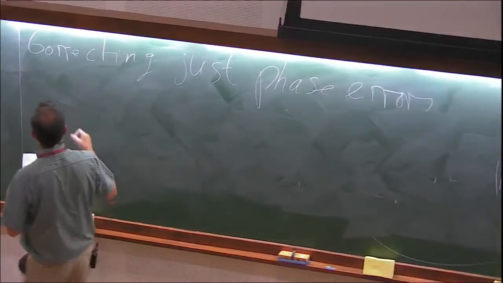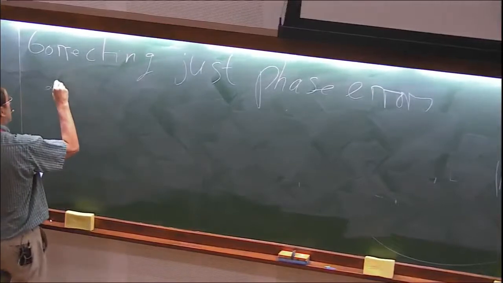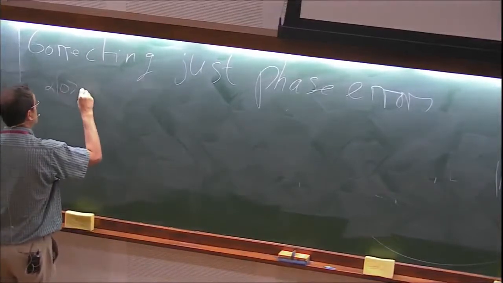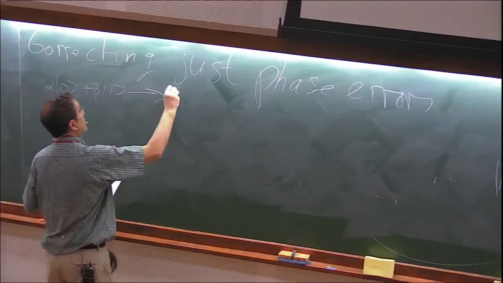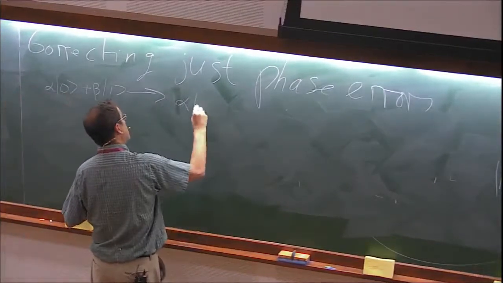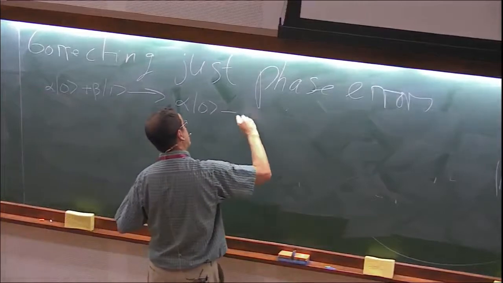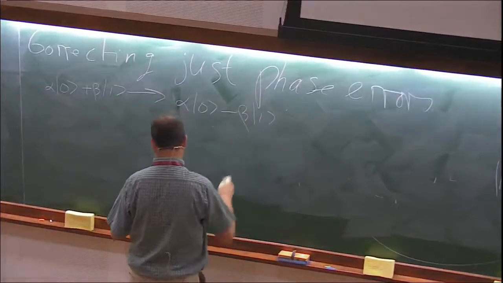So the error we're talking about is where alpha 0 plus beta 1 goes to alpha 0 minus beta 1.